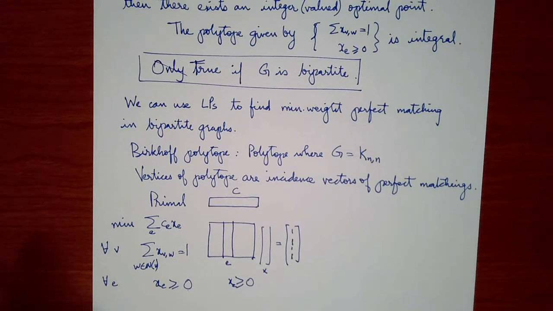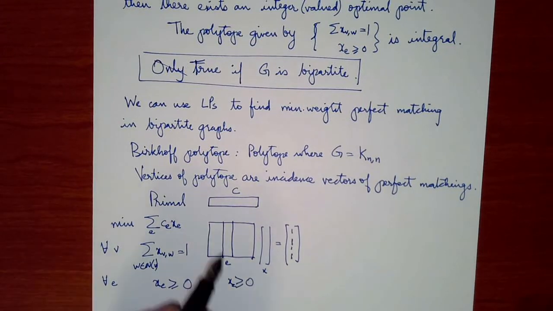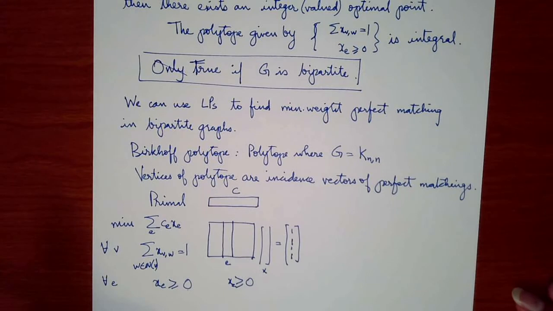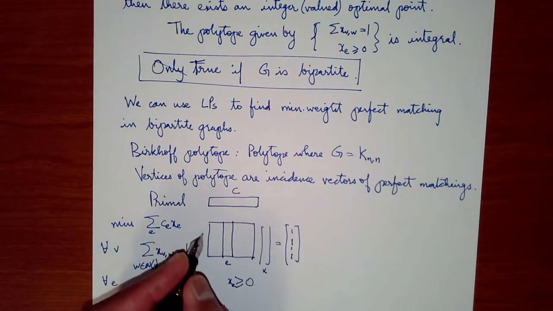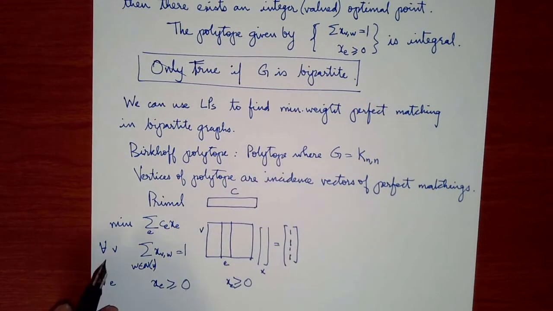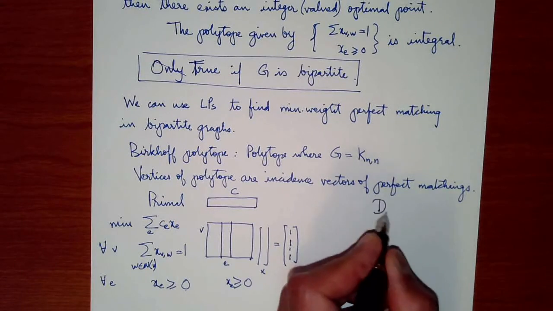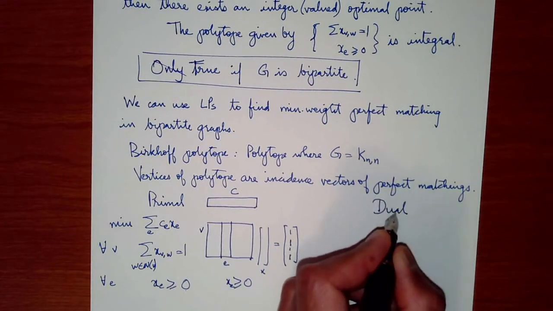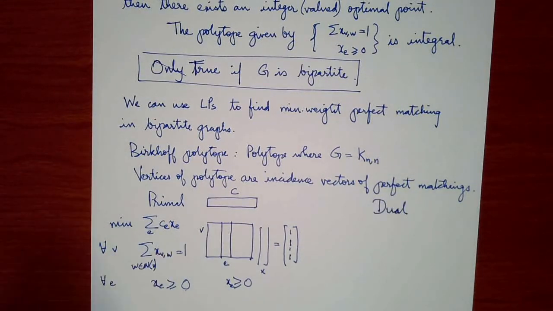Remember, there's a row for every vertex. What does each column of this matrix look like?